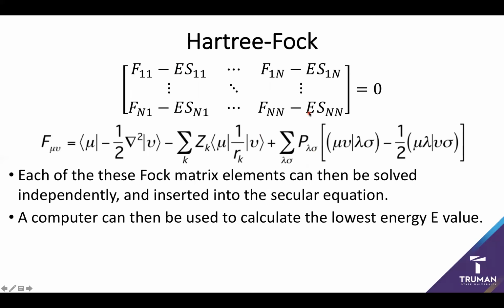Now, using the variational principle and some rather more complicated mathematics than we've shown so far, you can actually use a computer to calculate the lowest possible energy value, and this should give us the true orbital configuration.